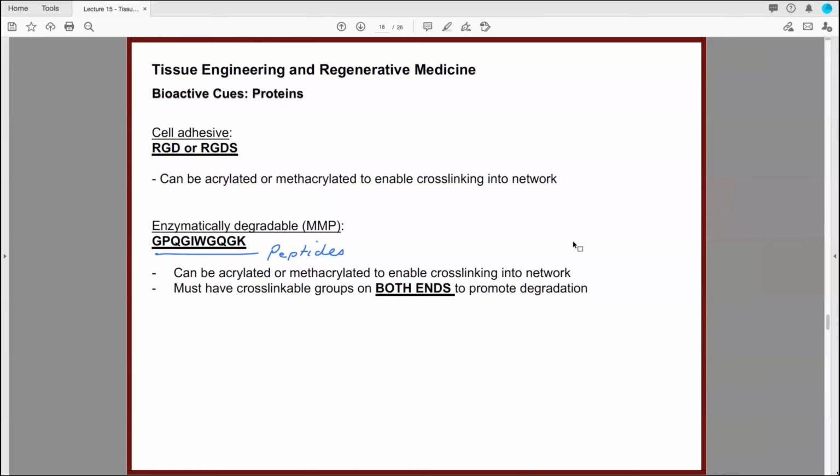So it must have cross-linkable groups on both ends to promote degradation. You know this now, really, in order to be an effective cross-linker, it's got to have either multiple points of attachment on each end, or it's also got to have an attachment right in the center of the molecule itself.